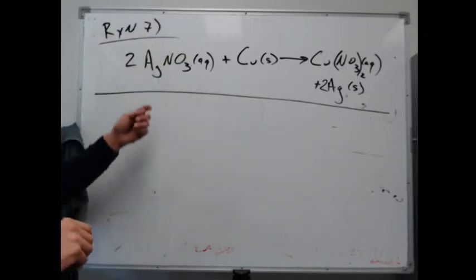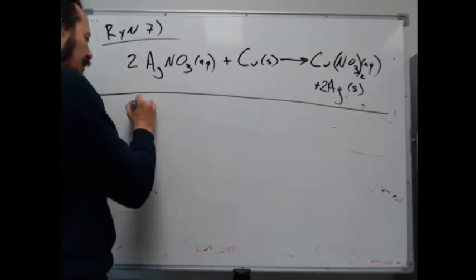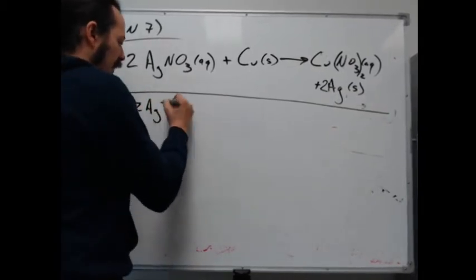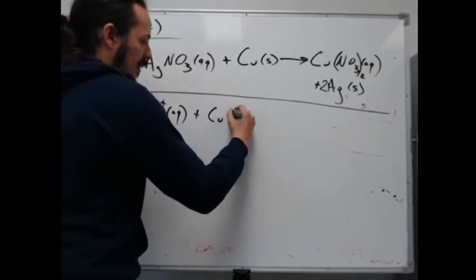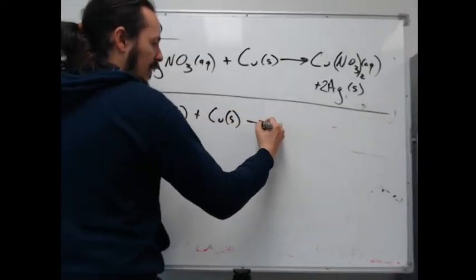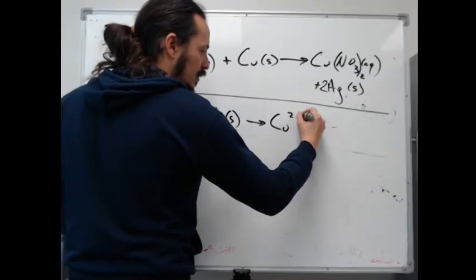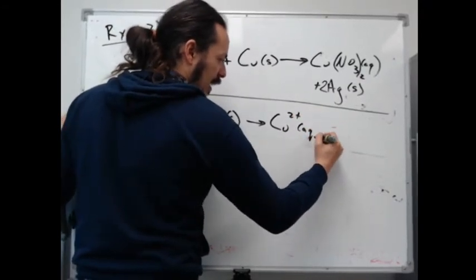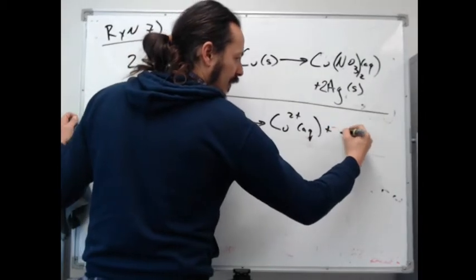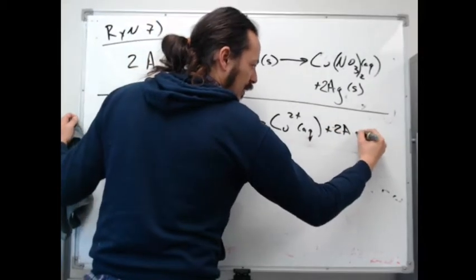I can just see that, right? Silver is going to be changing charge. I'm going to have 2 Ag+ aqueous plus Cu solid going to Cu2+ aqueous, plus 2 Ag solid.